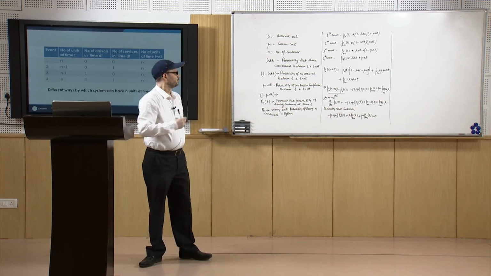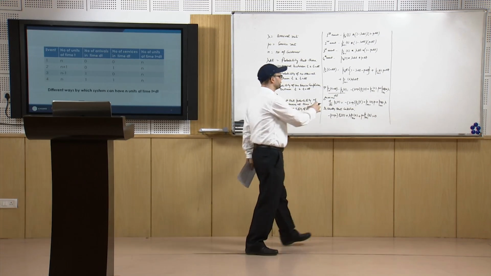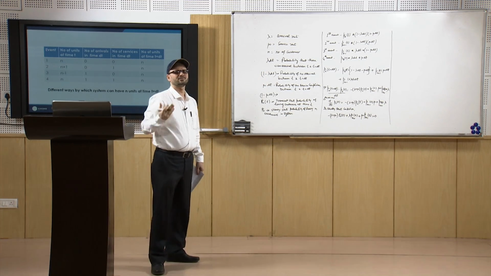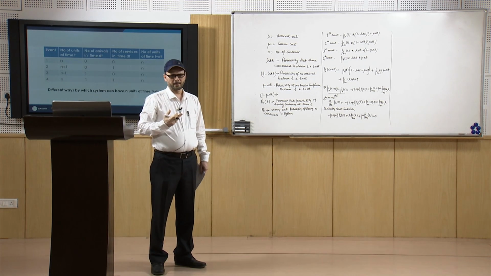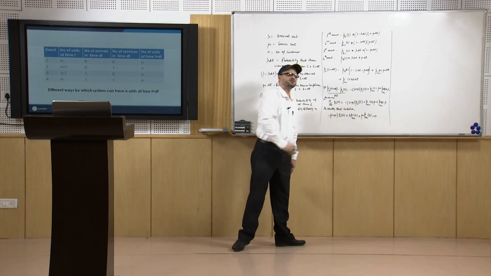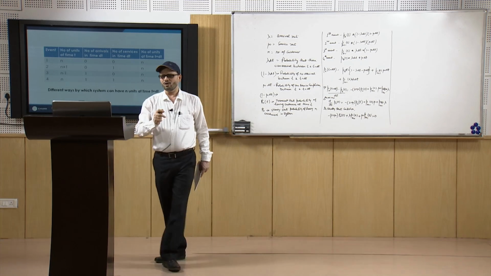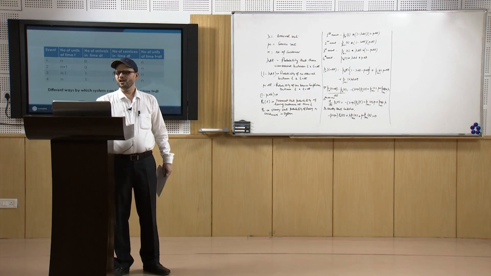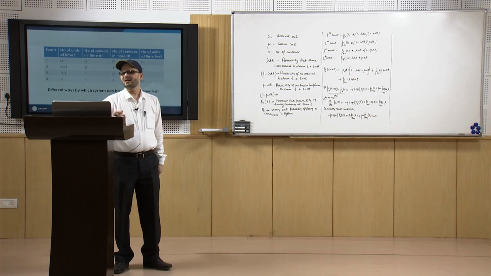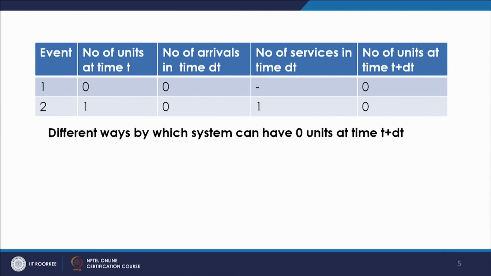Now, what do we have to do? We have to find this expression. So, first of all, we will try to find P 0, the probability of having 0 customers in the system. From there we will have the expression, and then finally we can get the expression for P n (t). Now, let us see how you can have 0 units at time t plus dt.